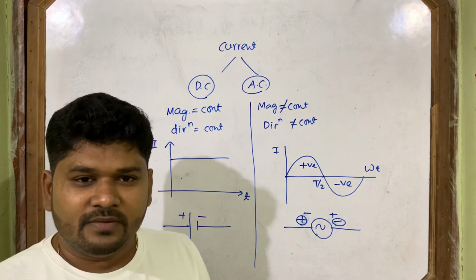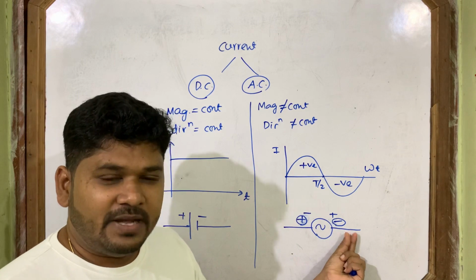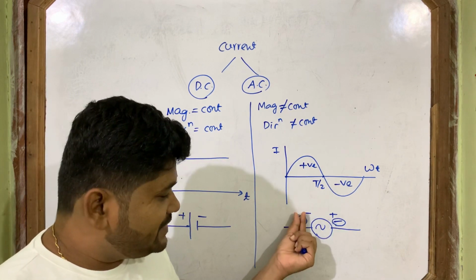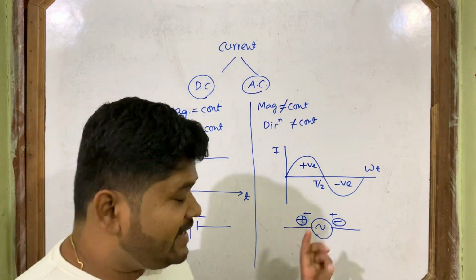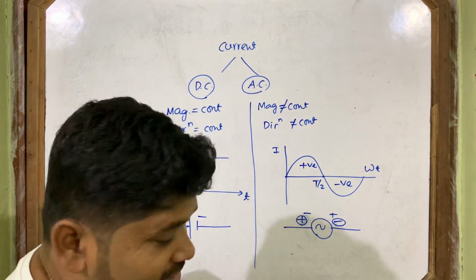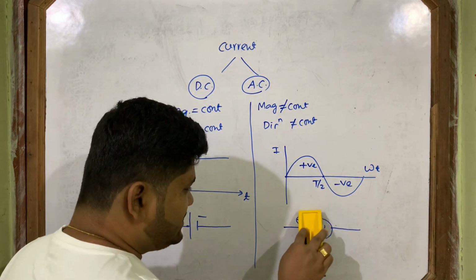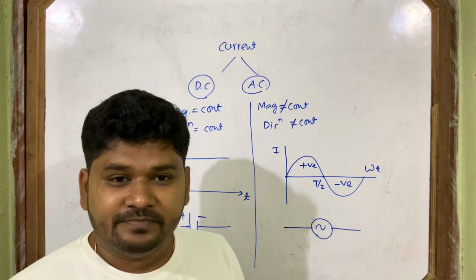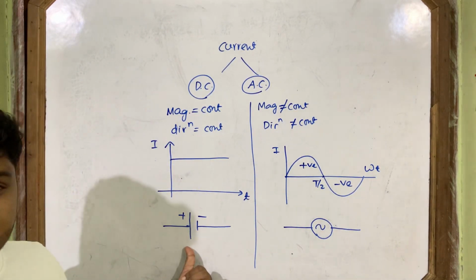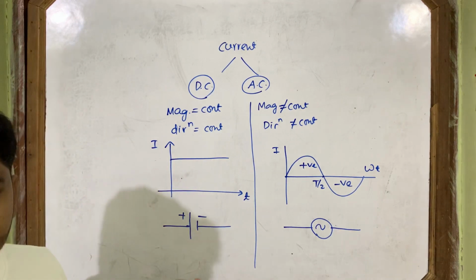Again this becomes positive, this becomes negative. Again after time T by 2, this becomes negative, this becomes positive. So it always periodically changes its direction. So we cannot write any plus or minus sign in an alternating current supply as we have done in the cell symbol or the DC source symbol.